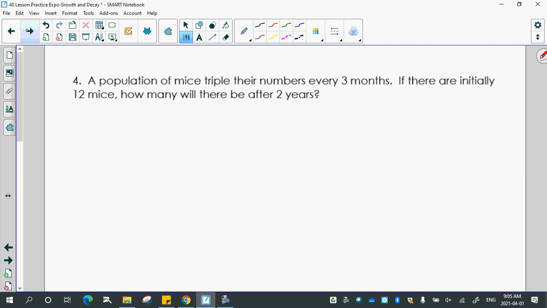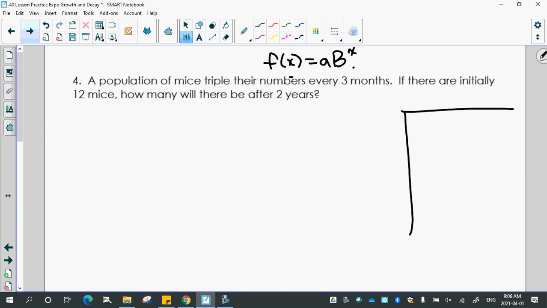Number 4: a population of mice triple their numbers every 3 months. If there are initially 12 mice, how many will there be after 2 years? So again, we're always coming back to this formula for growth. Anything you can pick out from the question?